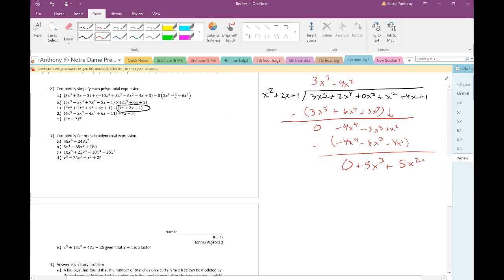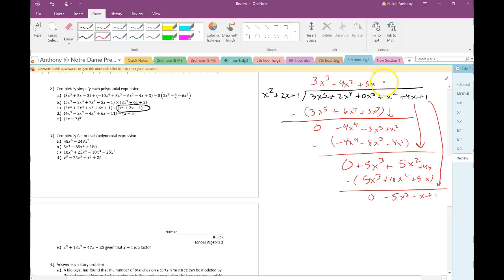So I get 5x to the 3rd plus 5x squared, and I bring the 4x down. And then what goes into x squared that gives me 5x to the 3rd? Well, that's 5x. I multiply that to each piece, 5x cubed plus 10x squared plus 5x. And then I subtract down. 0, negative 5x squared minus x, and then I bring that 1 all the way down.